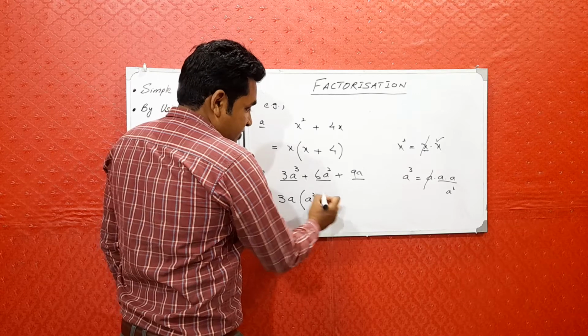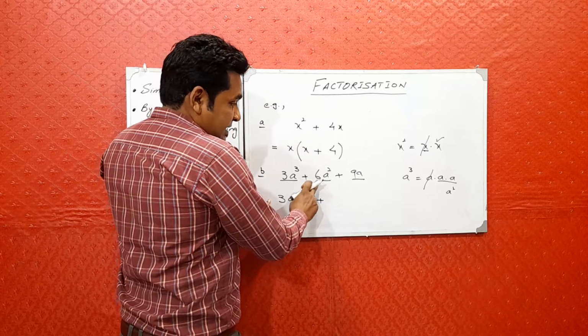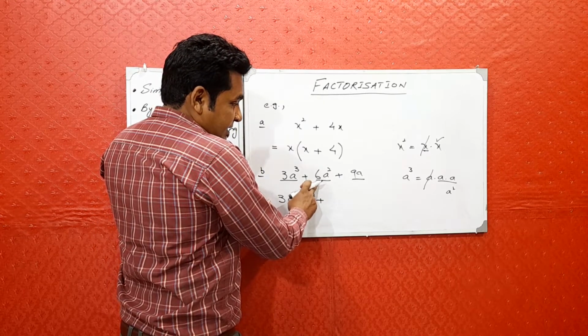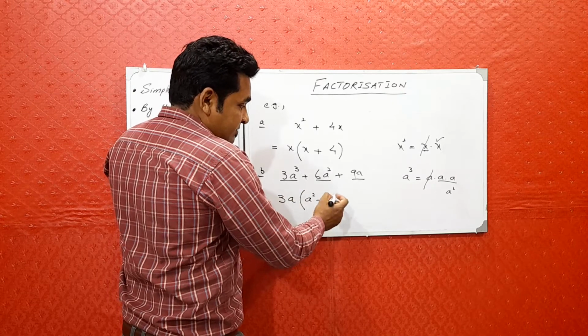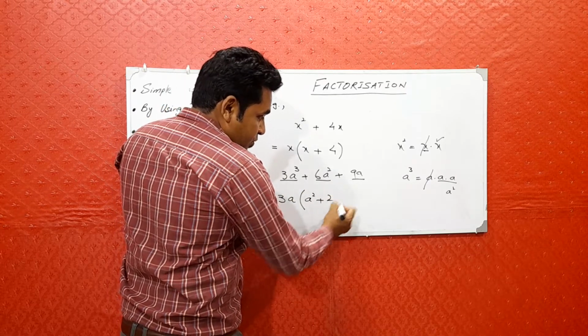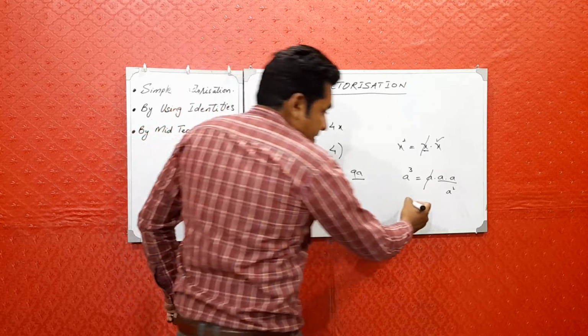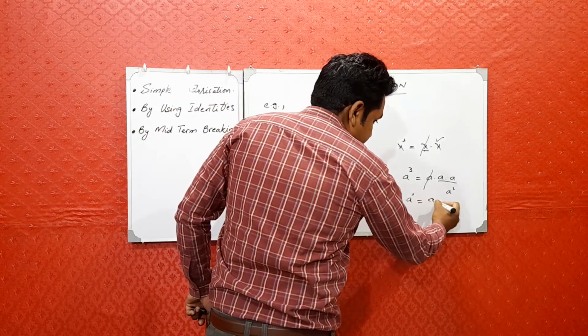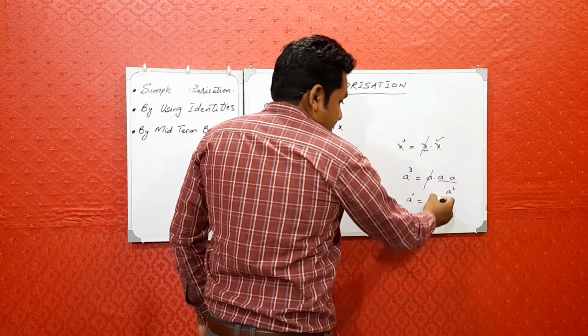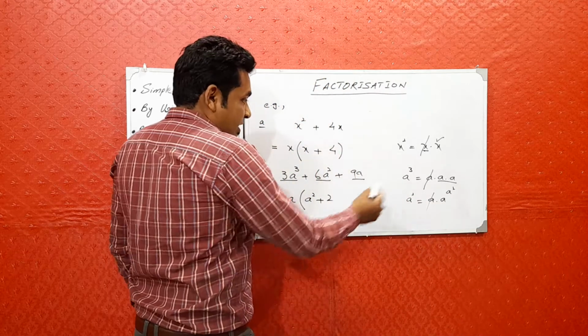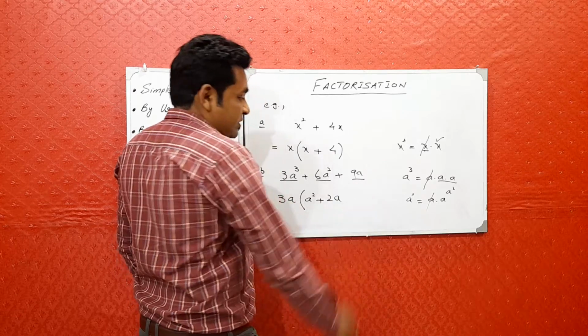Then 3 we have taken common. 6, 3 2s are 6. That's why we will write here 2. And this is a squared. A squared means a dot a. a we have taken common, and one a is left, that we are going to write here.